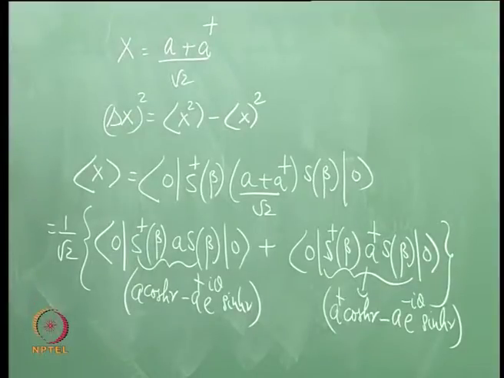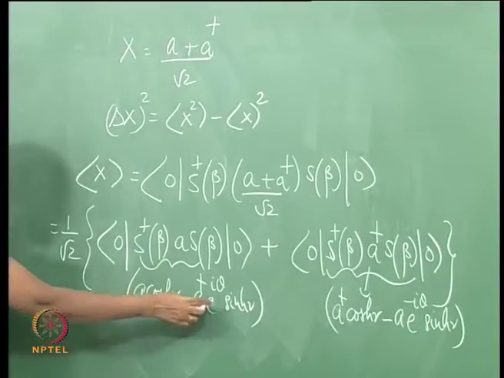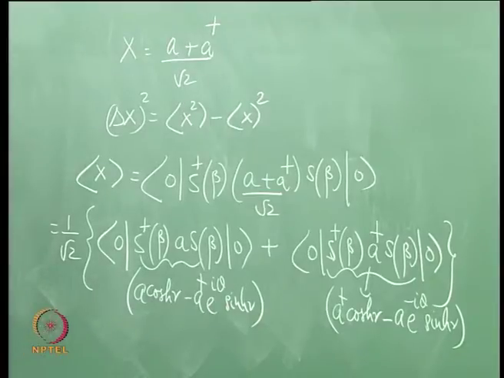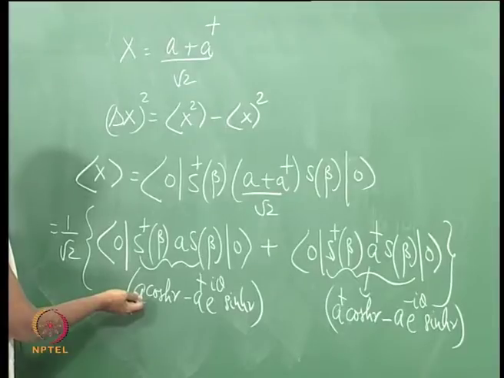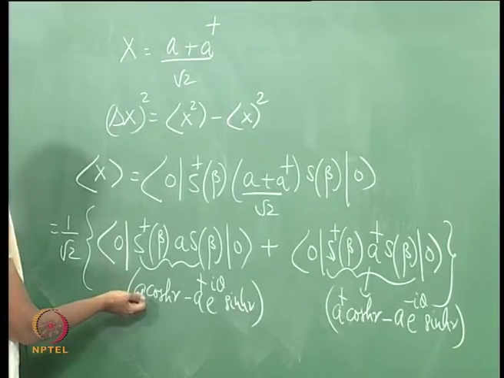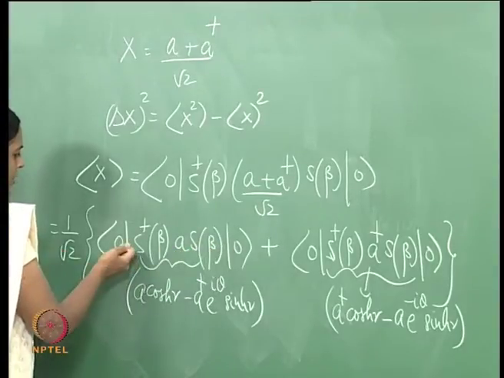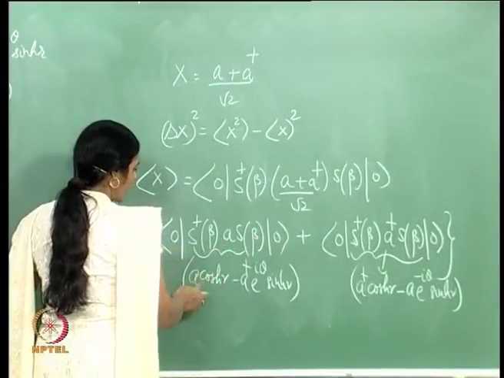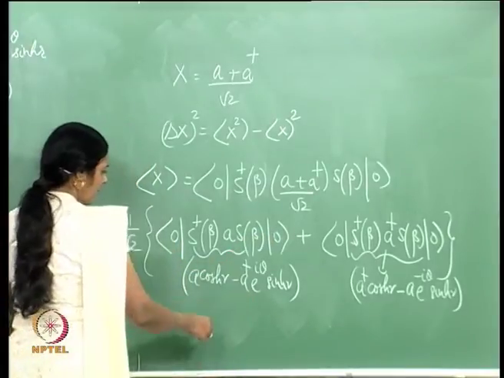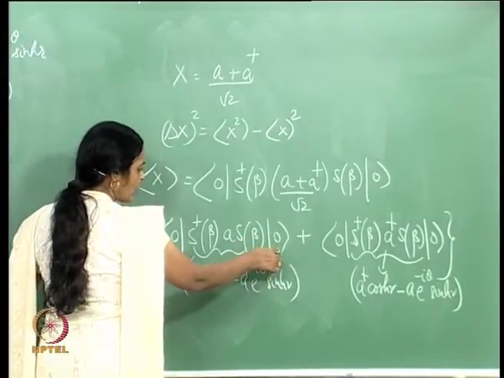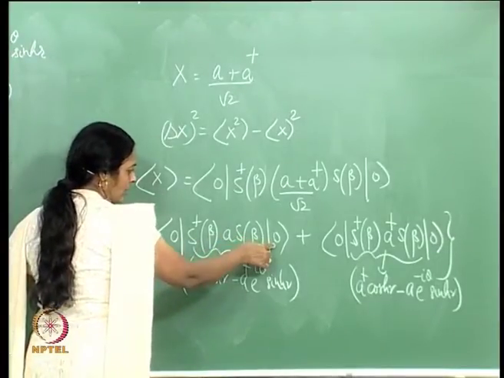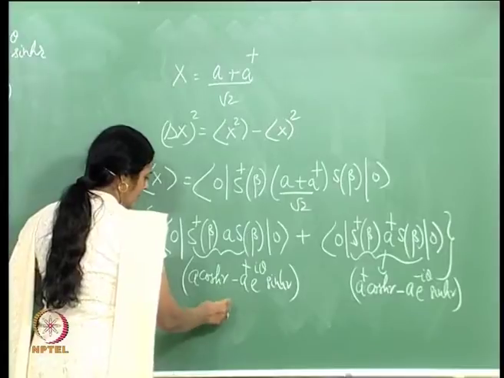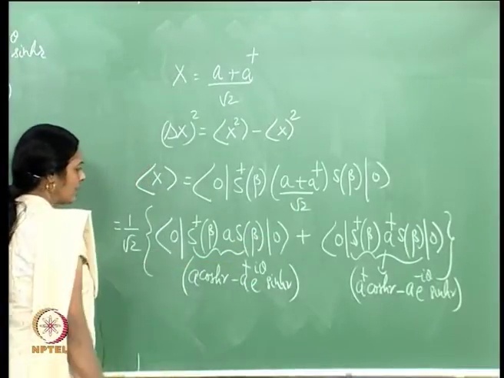What would this give us? These are numbers. Cos h r, sin h r, e to the i theta are merely numbers. So, here I have the expectation value of A in the state ket 0, and that is 0 because A annihilates ket 0. Now, A dagger acts on ket 0 to give me ket 1, but bra 0 is orthogonal to ket 1, and therefore, the contribution from here is 0.